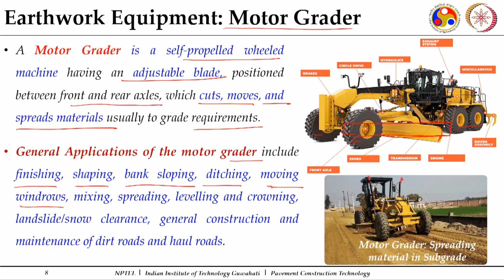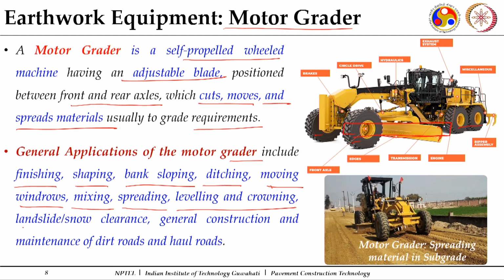Moving windrows, spreading the material, mixing two materials, spreading, leveling and crowning can be done with it, because you can create cross slopes. See, it is spreading the material. You sprinkle the water and then use the motor grader blade to mix the sprinkled water with the soil.